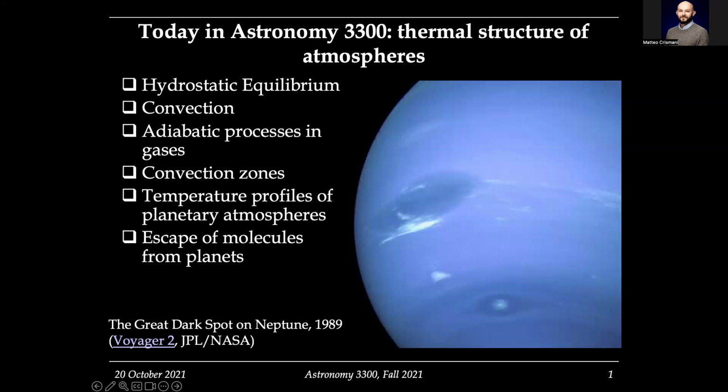In order to do that, we have to start with something like hydrostatic equilibrium. We'll talk about what happens when an object is out of hydrostatic equilibrium. Talk about the process of adiabatic expansion, cooling. We'll talk about convection zones. So in the atmosphere itself, what does that mean? And then hopefully we'll get to understanding these temperature profiles. They're going to start with our understanding of the Planck function, right?